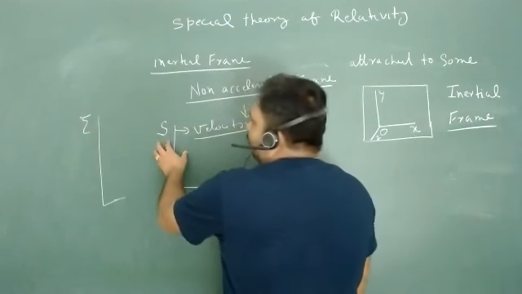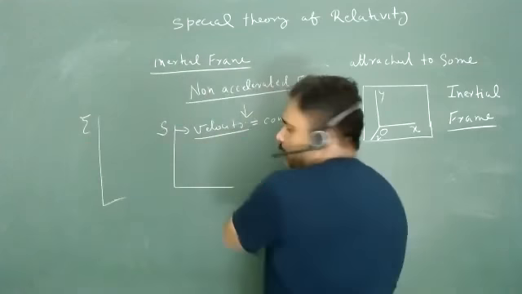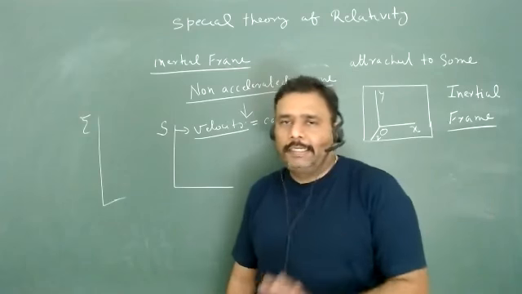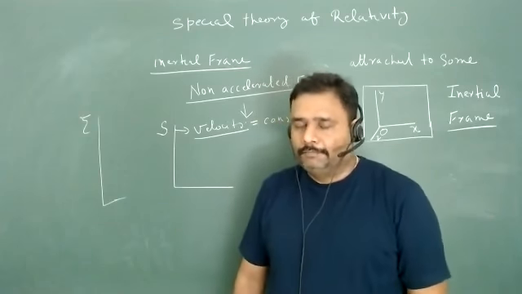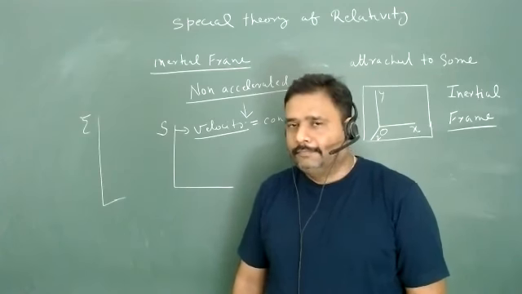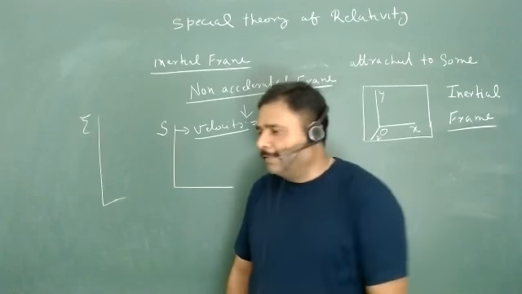But if it is an inertial frame, it will just move in one particular direction. Is that statement correct or false? Correct, sir. True, sir, because no external force is there, so velocity is constant, so straight. Anybody else?